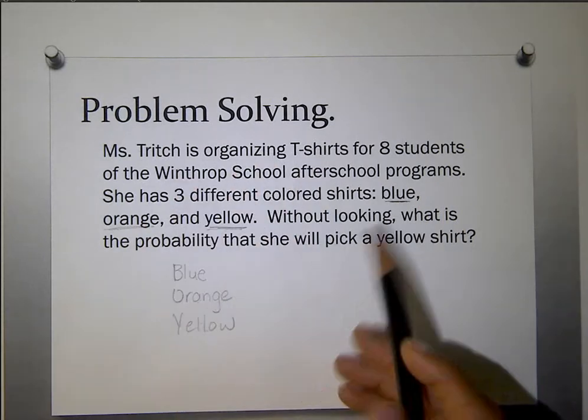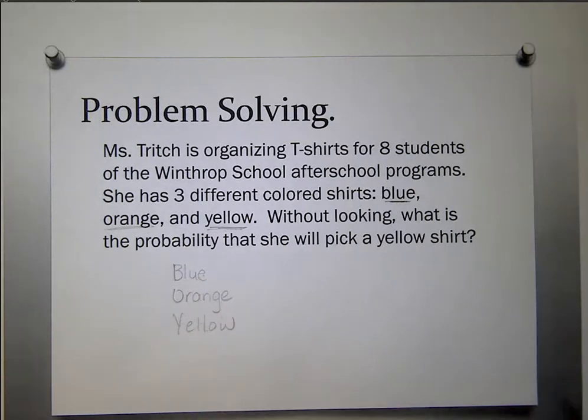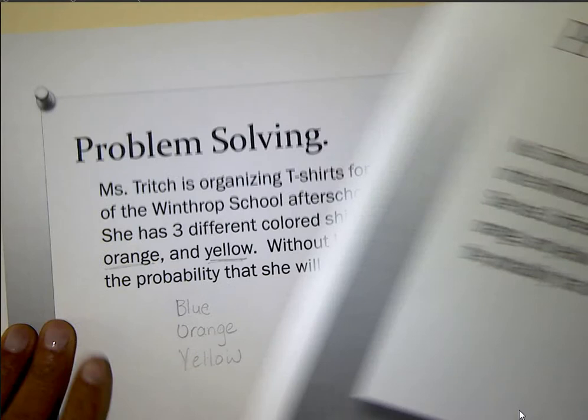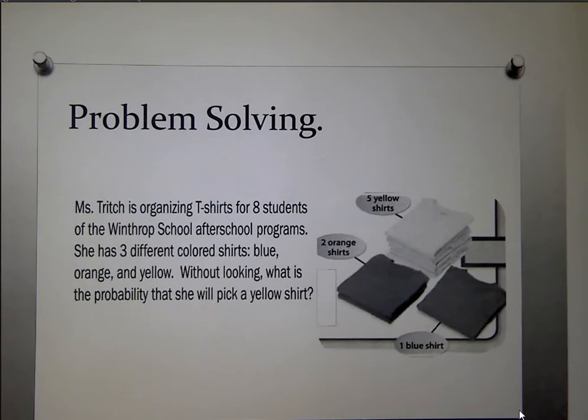So I don't know if there's one of each, 2 of each, or more of one than there is another. So that would change my probability of selecting a certain color shirt. So let's see if that would change if I had more of one than another.